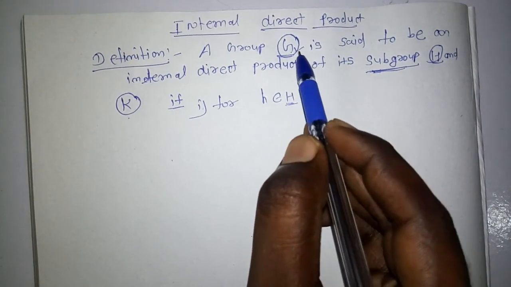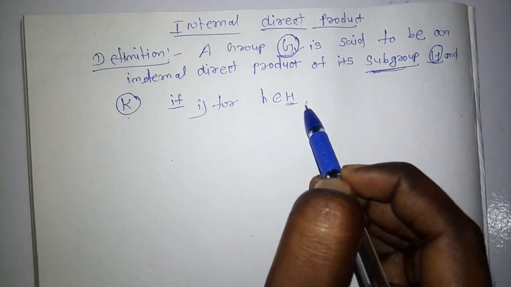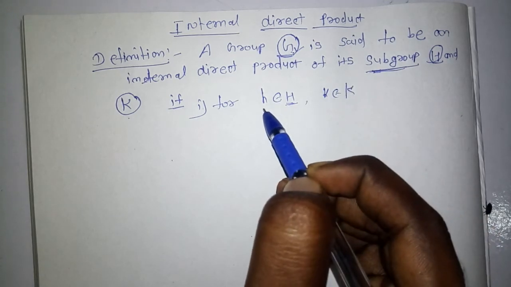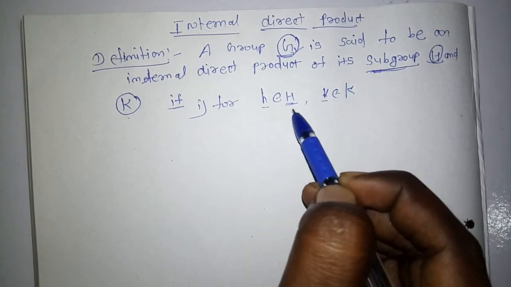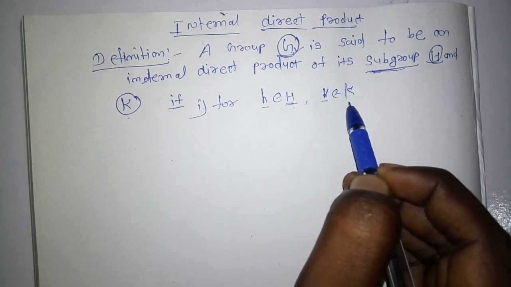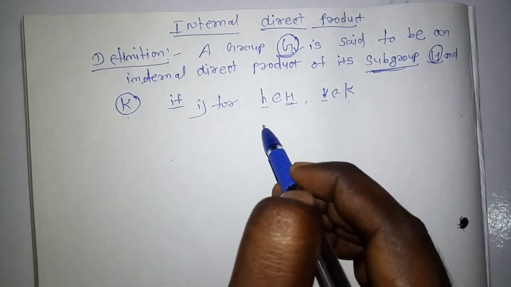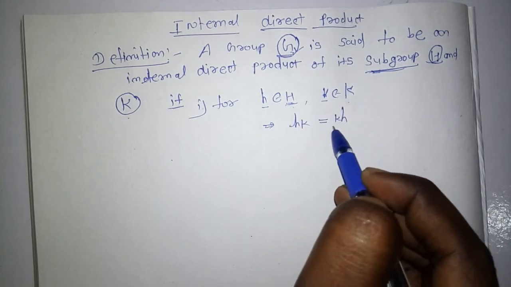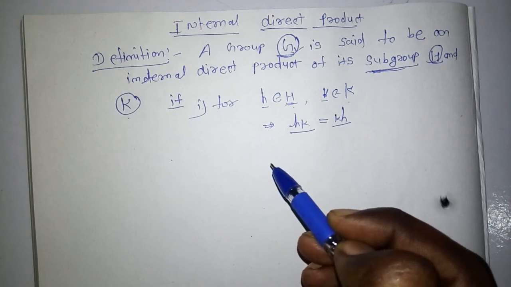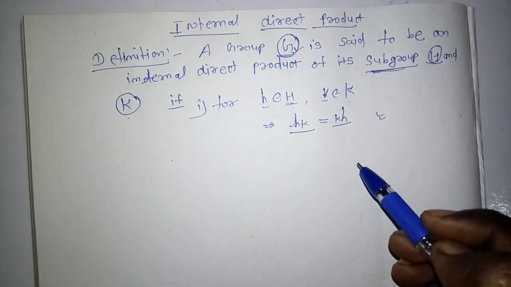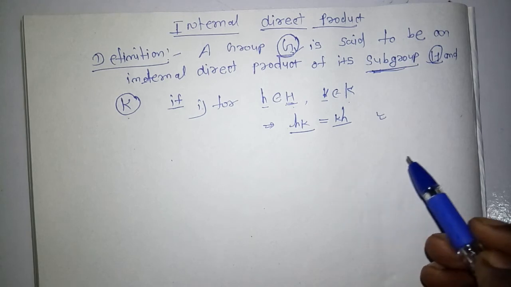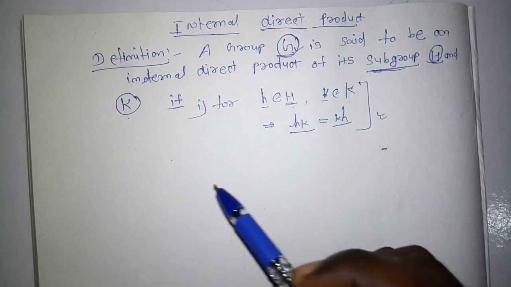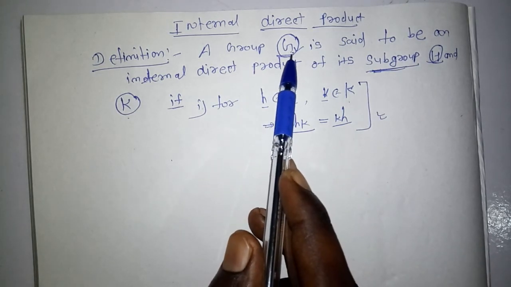H is a subgroup of G. And k belongs to K, where small h and small k are elements of the subgroups H and K. This property is hk equals kh. Okay, this is the first property. If this condition is applied here, we can say G is an internal direct product.